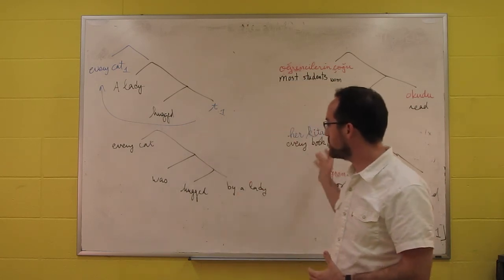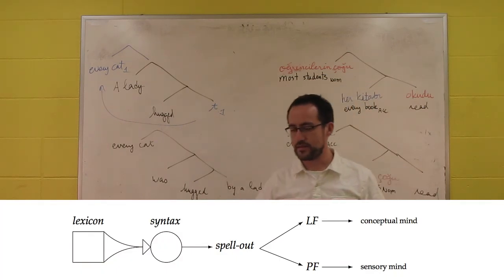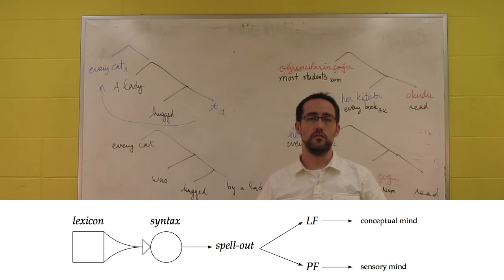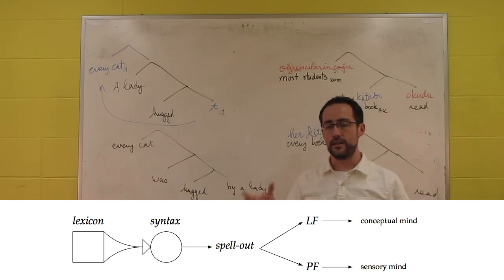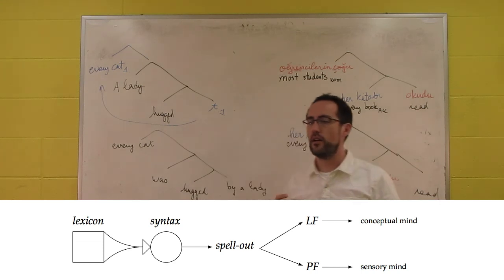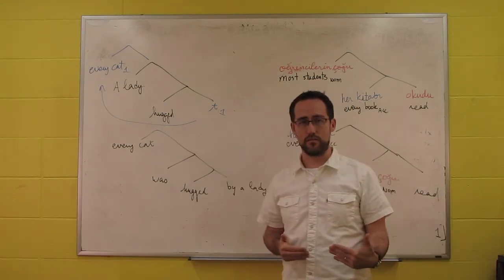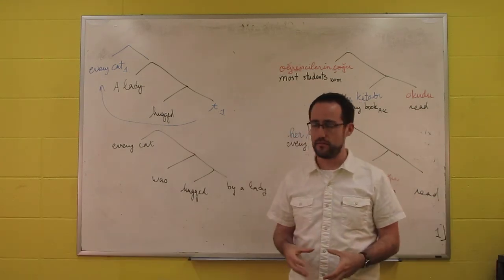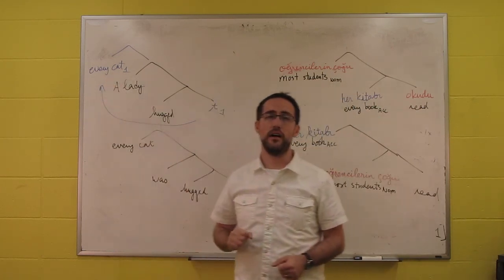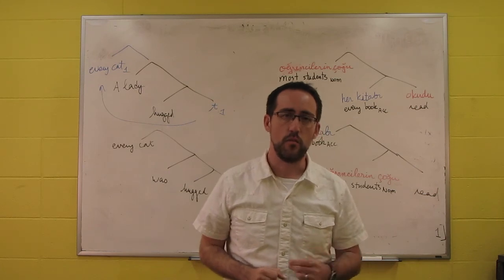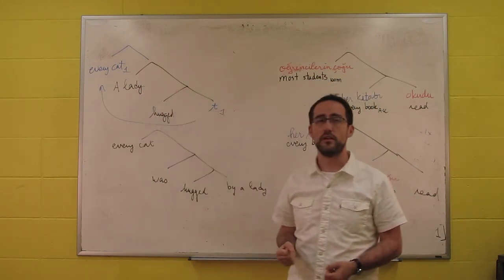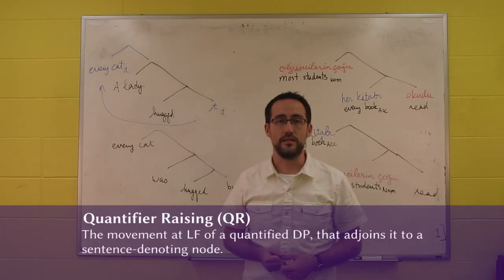So when we're building these syntactic structures right here in the syntax, the result of that will get fed to the PF and get pronounced. That same result gets fed to the LF. But we can have more syntactic processes occur just at LF. And one of these is the movement of a quantifier into the right scope position. Since it involves raising of a quantifier, we call this movement quantifier raising.